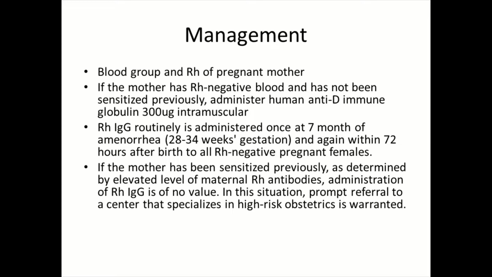If she has no history of previous delivery, previous abortion, or blood transfusion, and she is Rh negative, we need to give her anti-D. This anti-D is given once at 7 months of amenorrhea, that means between a gestational age of 28 weeks to 34 weeks. Then at the time of delivery, we need to check the blood group of the newborn.